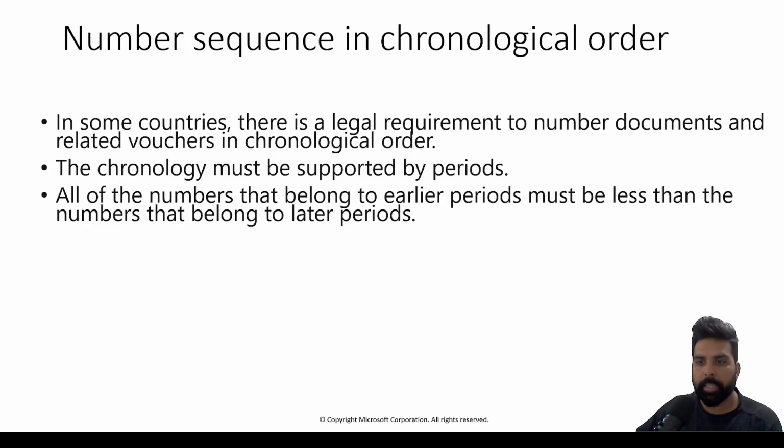So that means the system is generating the numbers based on the chronological order defined by the fiscal period. It can be a month or it can be year or quarter or half yearly, anything.